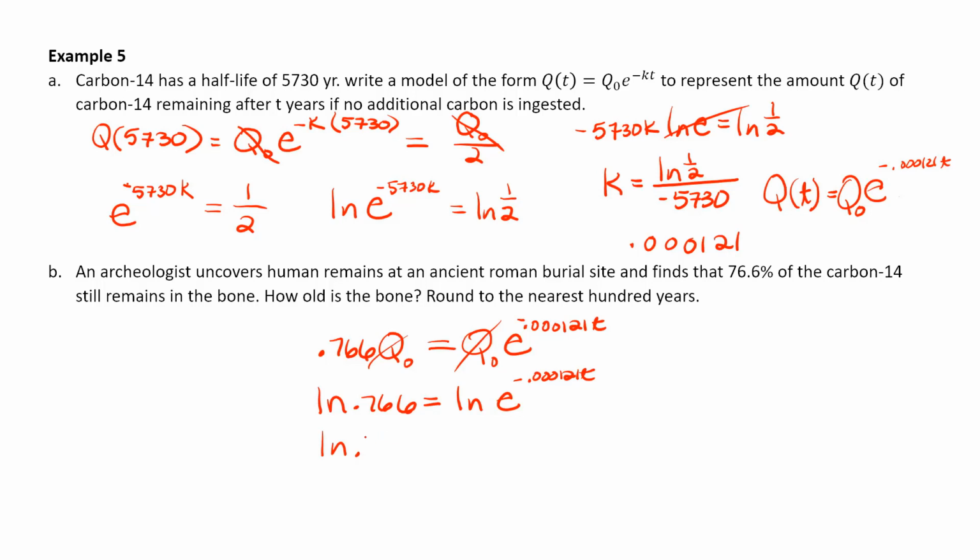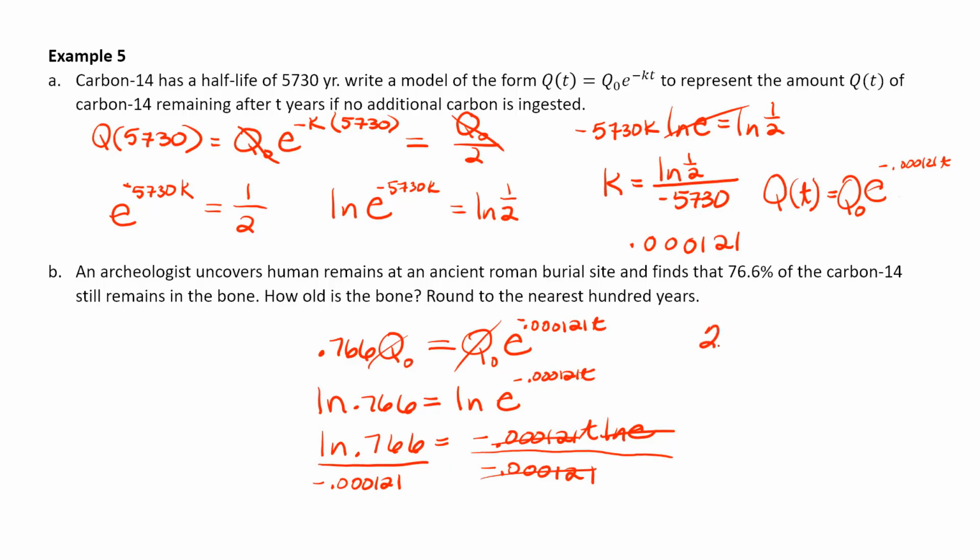So natural log of 0.766 is equal to negative 0.000121 t, natural log of e. Natural log of e is 1, so that can go away. And then we can divide both sides by negative 0.000121, and so that is giving me about 2,203 years. So that is the age that that bone would be considered to have.